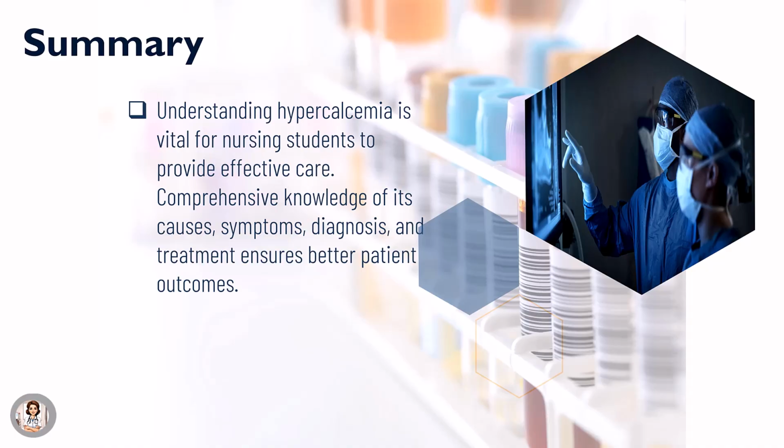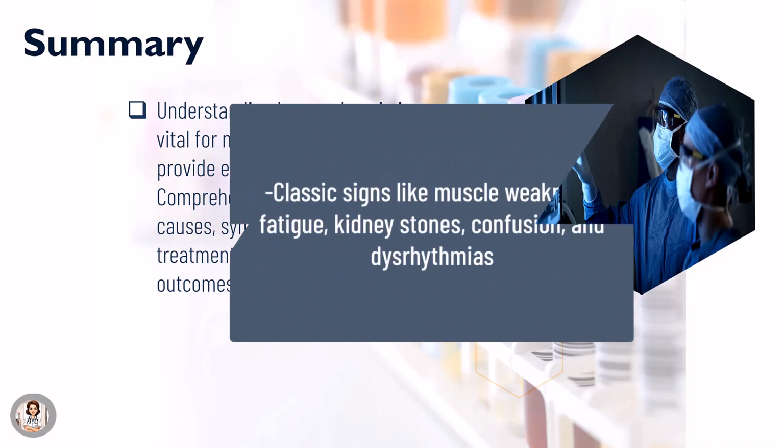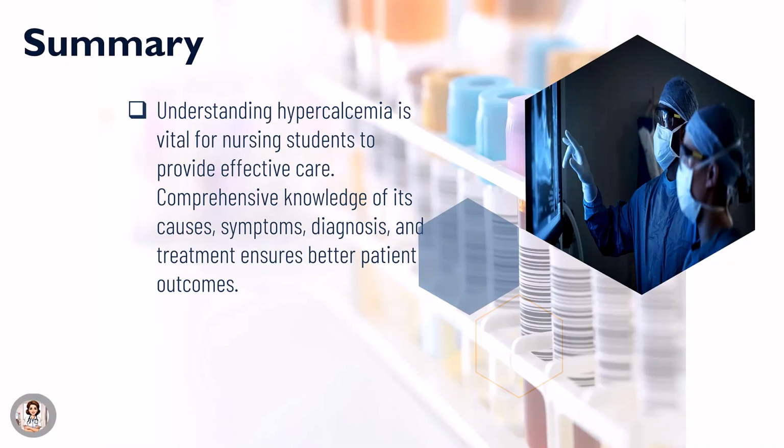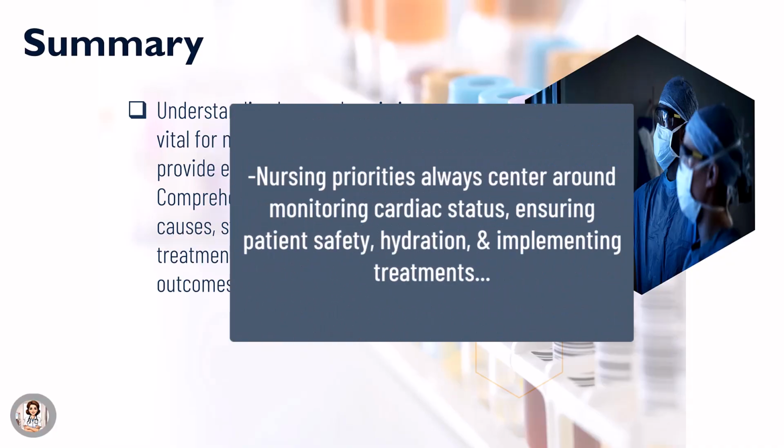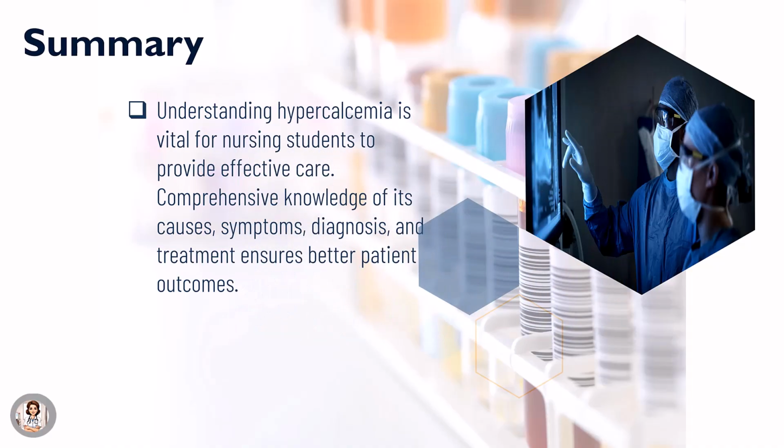Remember, hypercalcemia occurs when serum calcium levels rise above normal, and it can show up with classic signs like muscle weakness, fatigue, kidney stones, confusion, and even life-threatening dysrhythmias. Nursing priorities always center around monitoring cardiac status, ensuring patient safety, encouraging hydration, and implementing treatments such as IV fluids, diuretics, or medications that lower calcium levels.